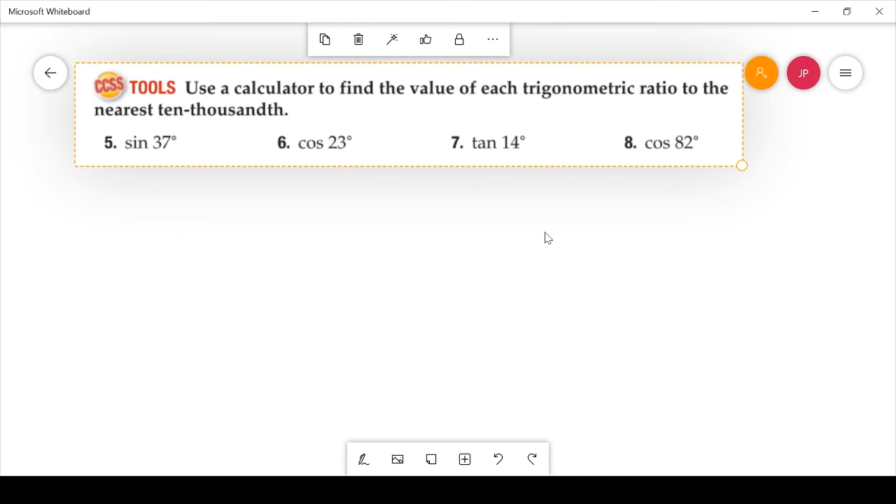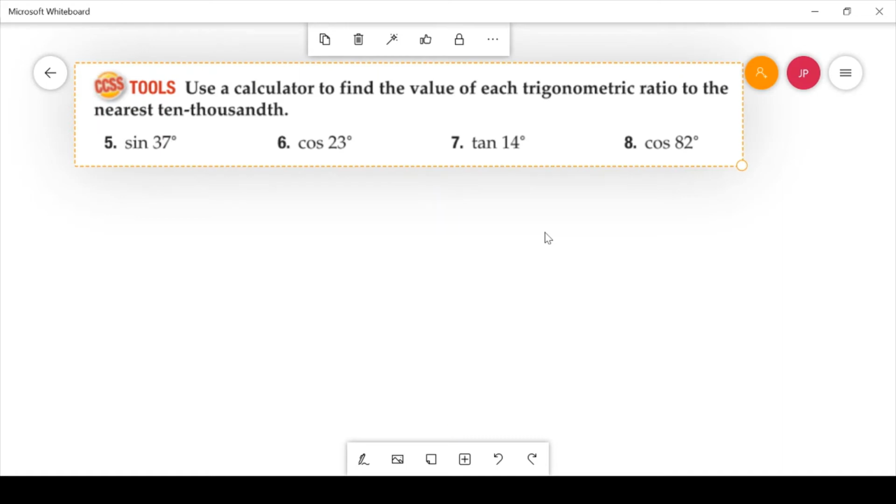It just has the sine, cosine, or tangent of an angle, and you're supposed to find out with a calculator what the values are. I have a calculator here, just the pink ones that I use in the classroom. If you look on your calculator, hopefully you've got one that's similar, it has sine, cosine, and tangent right in the middle above the parentheses, and all you're going to do is hit one of those buttons.